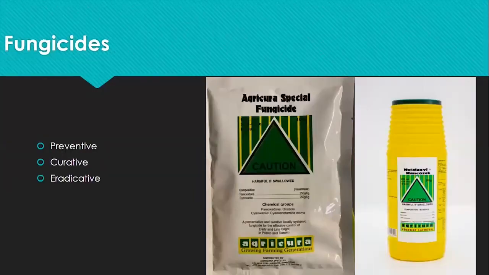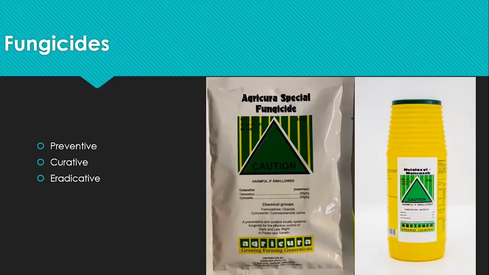And then in terms of fungicides, fungal diseases are some of the most economic pests, a disease is a pest as well, which affect our crops. So at Agricura, we are not stopping. We are continually developing more and more products that can help to prevent, to cure, and even to eradicate diseases in our crops.